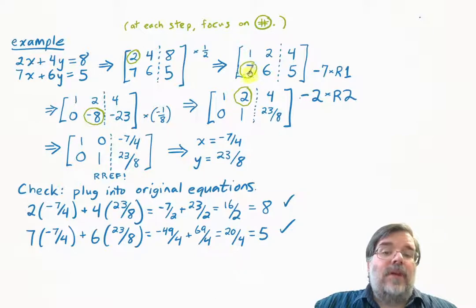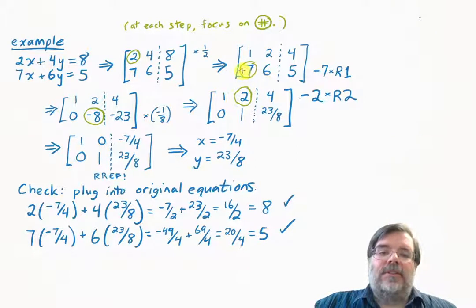In order to get rid of this 7, I want to subtract from this row 7 times row 1. This notation indicates that from this row, I'm going to subtract 7 times row 1, and so this row is changing. I'm not actually going to change the first row, I'm just using row 1 in this calculation.